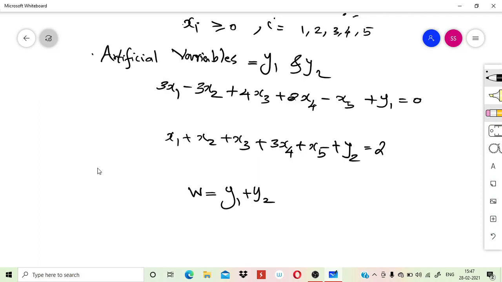So this is our new function, w equal to y1 plus y2. We will define it, and in standard form we are writing now.